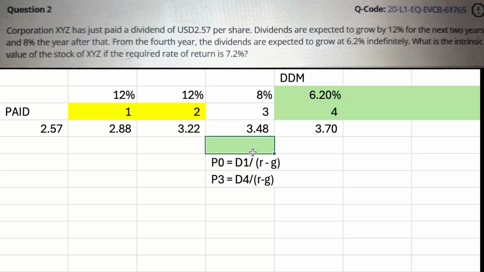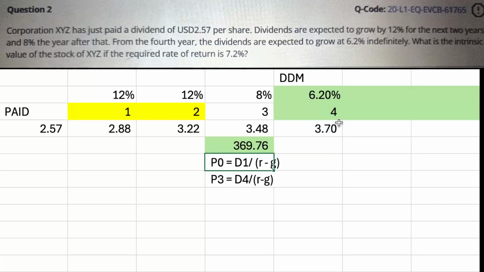What we are trying to do is that P3, the price, is going to be equal to D4, which is the 3.7, divided by the required rate of return, which is 7.2%, so 0.072, minus the growth rate that is going until infinity, so 6.2%, 0.062. So this will be the price at year 3.